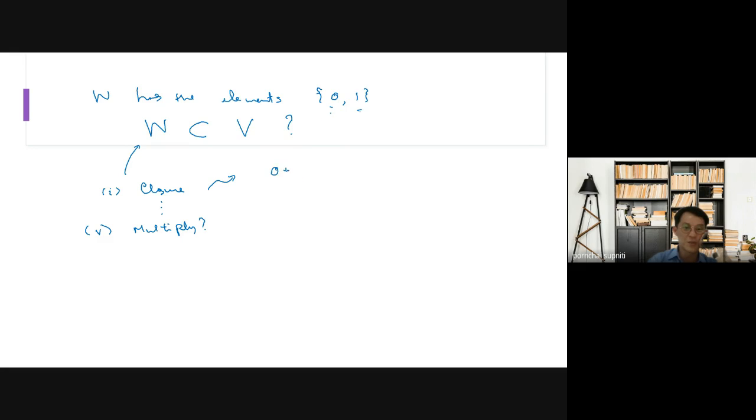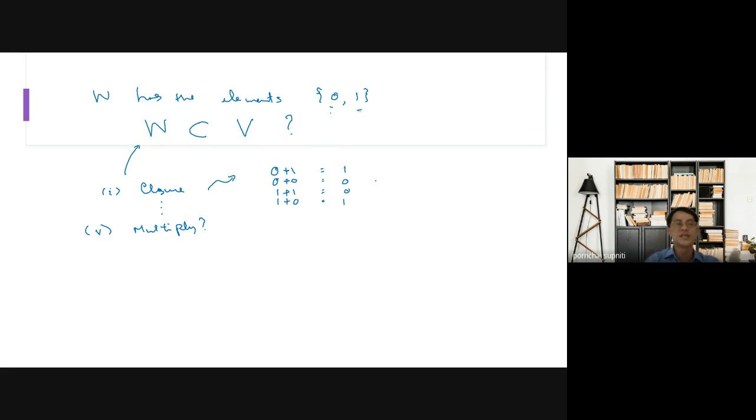If you add these elements, will they always be in W? If you do 0 plus 1, 0 plus 0, 1 plus 0, 1 plus 1, the results are always 0 and 1, right?